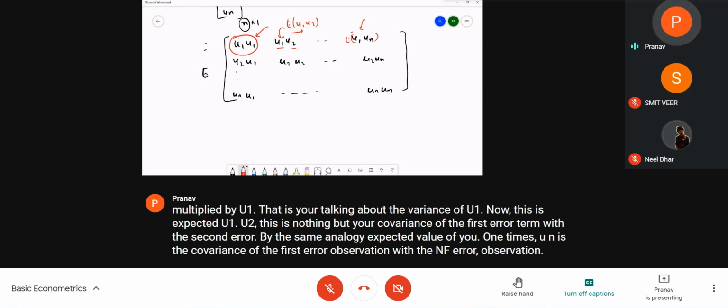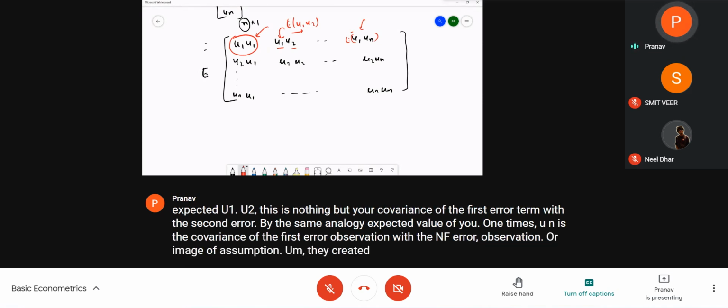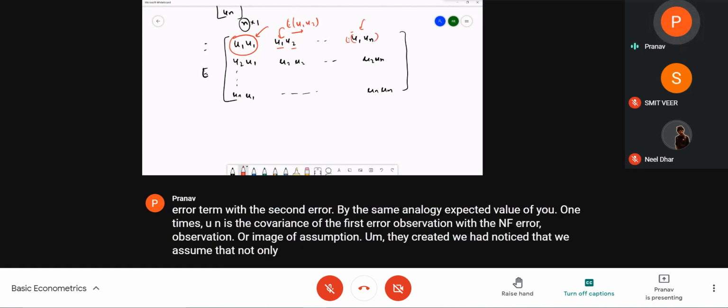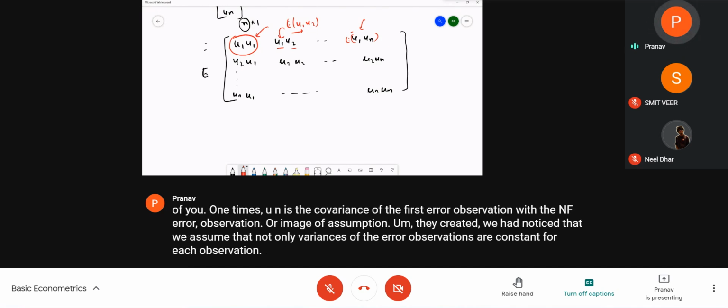And when we were looking at the assumptions, we had noticed that we assume that not only are the variances of the error observations constant for each observation, but also the autocovariances of the error term are 0.